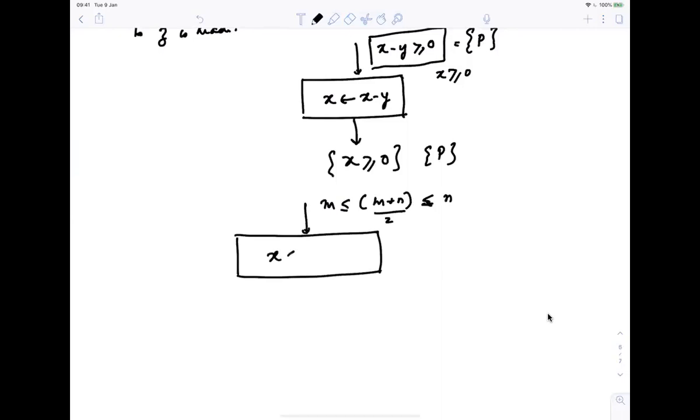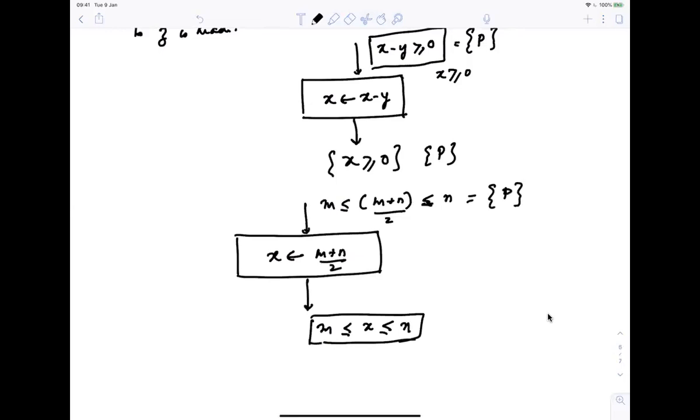Now I assign x the value (m plus n) by 2. Then what can we assert about x? m less than or equal to x less than or equal to n. And this remains true whether we execute the assignment statement or not.